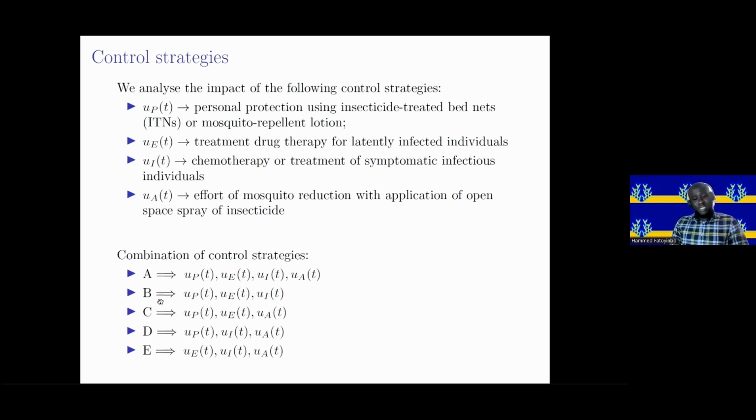For the other strategies, we only consider the use of a combination of 3 different strategies. So in the next slide, I'm going to show the impact of each of these strategies on the dengue transmission.